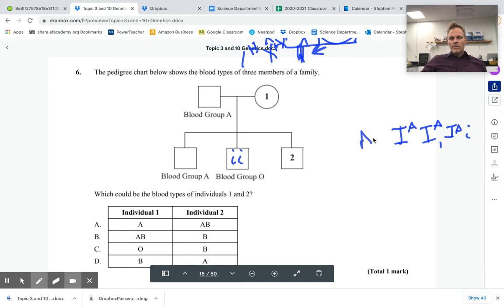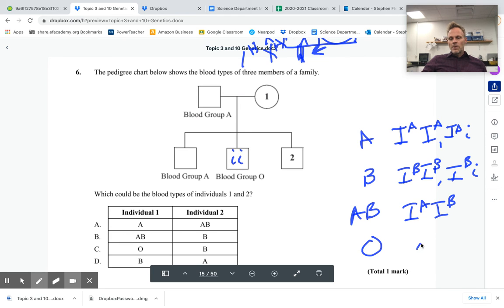So if you're blood type A, these are the 2 genotypes you can have. If you're blood type B, you can be this or this. The other blood type is AB. That's an example of codominance, please remember. So that means both of them are expressed. And if you're blood type O, your genotype is little i, little i. So we know that has to be the case.